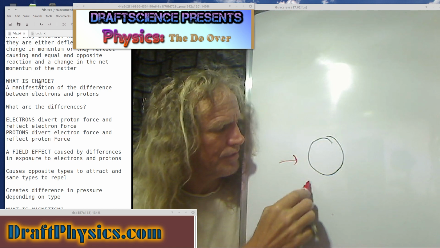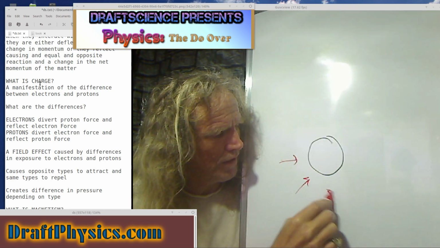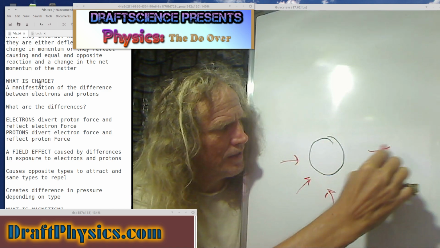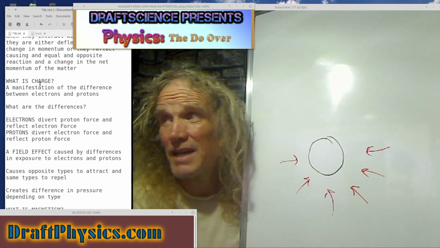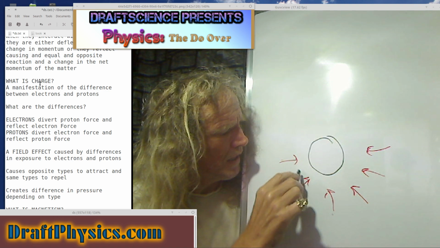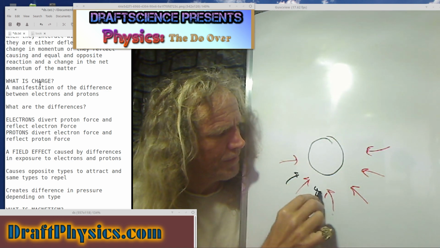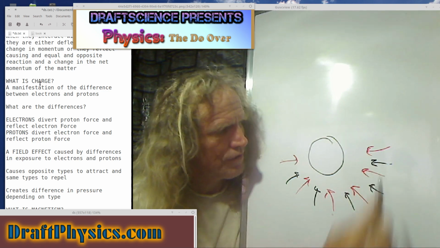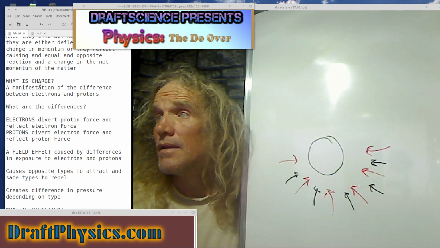The whole universe is full of this, always heading right for everybody. So every electron and proton in the universe has this stuff heading right for it. So just imagine these lines going everywhere, from everywhere, in all three dimensions. And that's the field the electron or proton lives in.